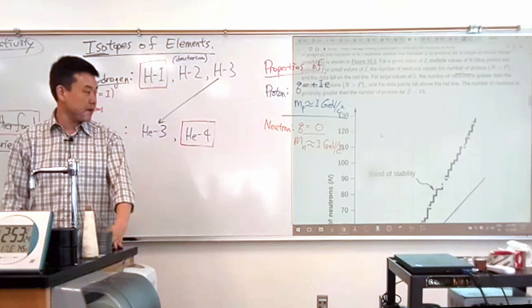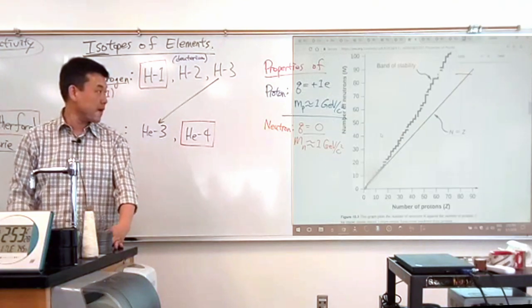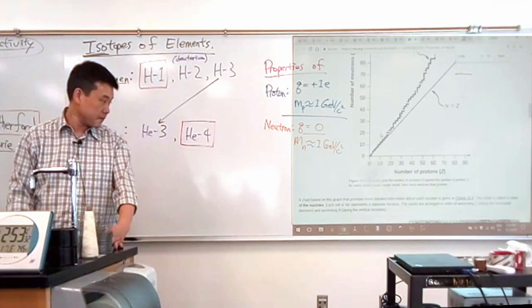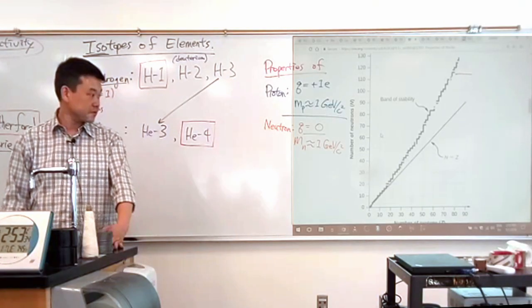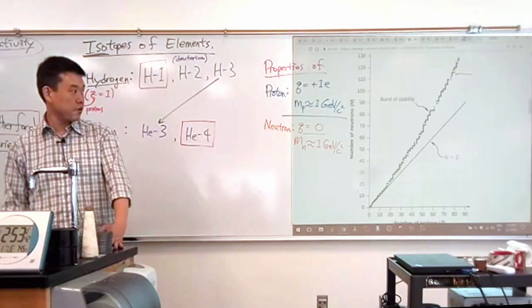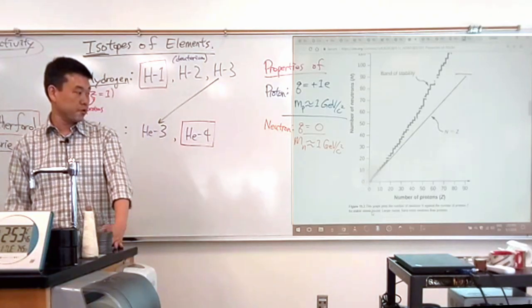So somebody just plotted all of them. This is a plot of stable atomic nuclei, so you can kind of see the pattern. Especially at the lower end, the number of neutrons is often equal to the number of protons.